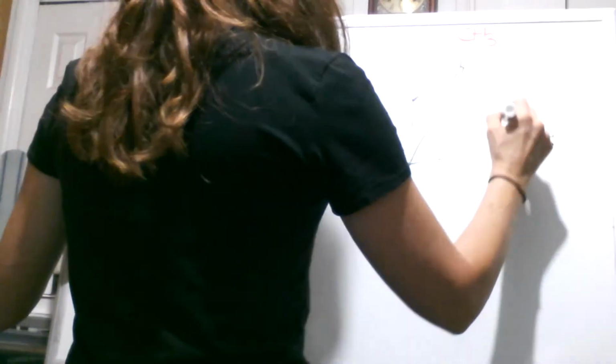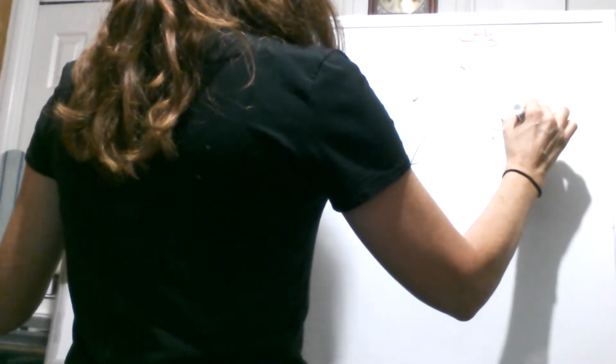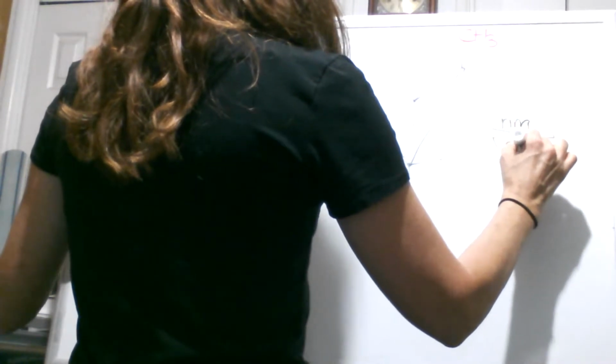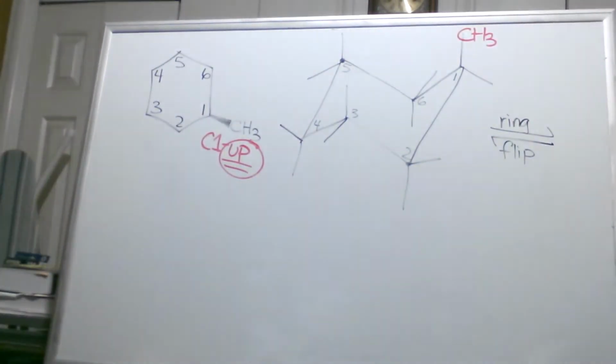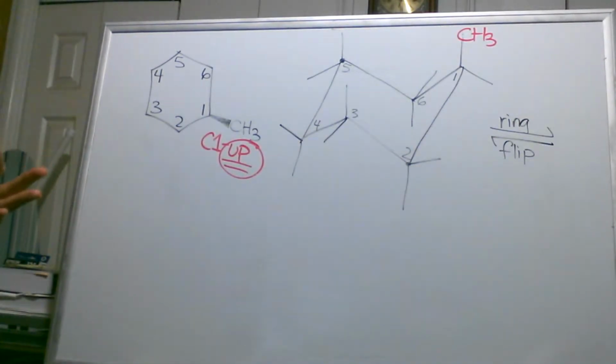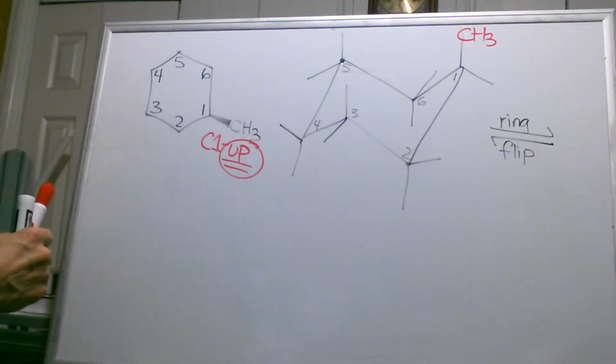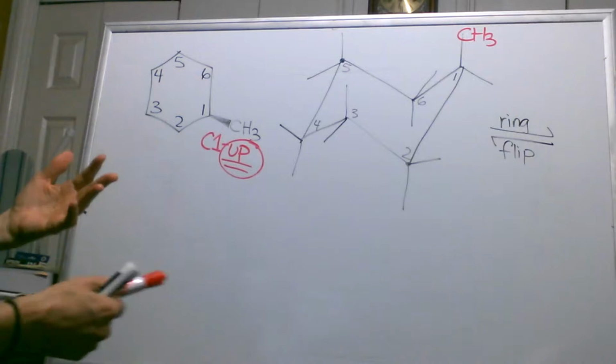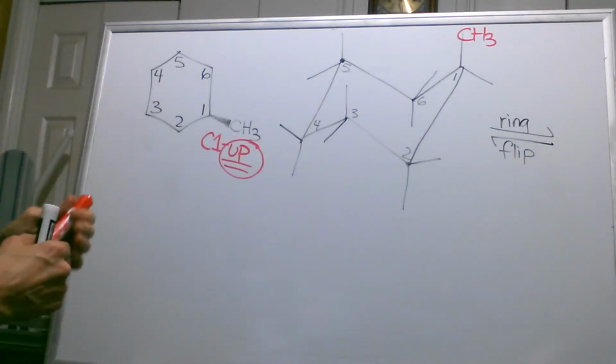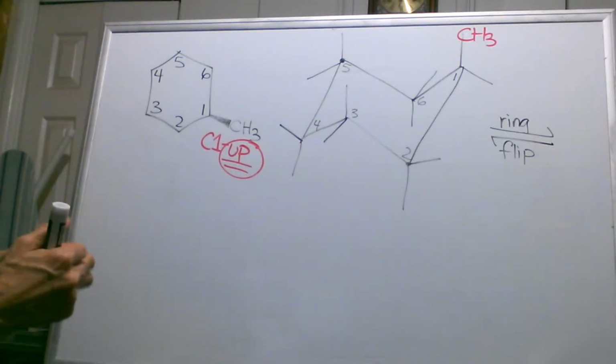So ring flip is just the physical process that the atoms in the ring go through in order to, I guess you could say, distort the ring into the other chair conformer. There's a pretty deliberate process by which this happens, but for right now we're just going to really be concerned with how to draw it.